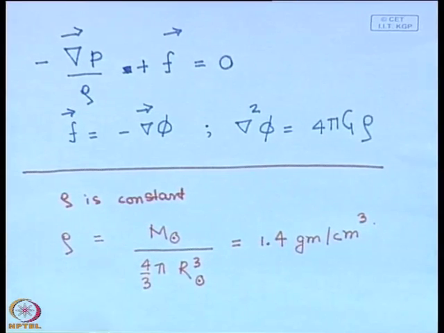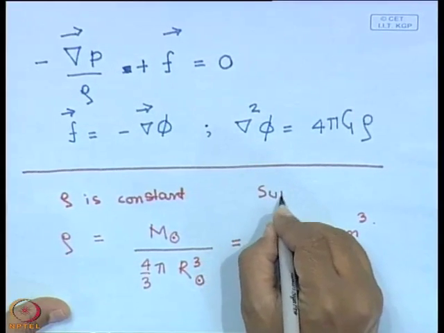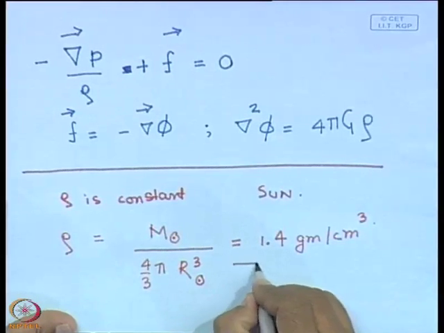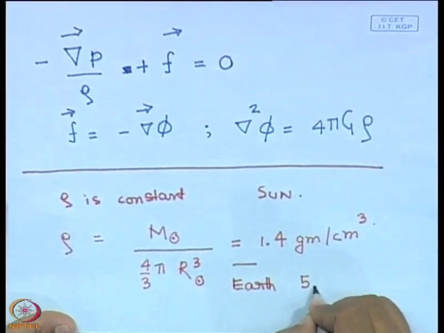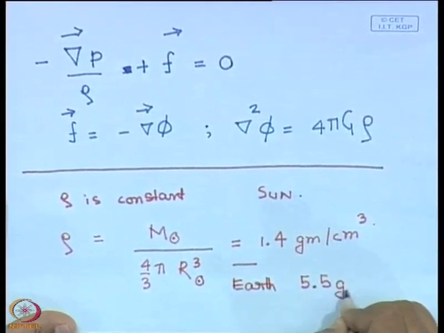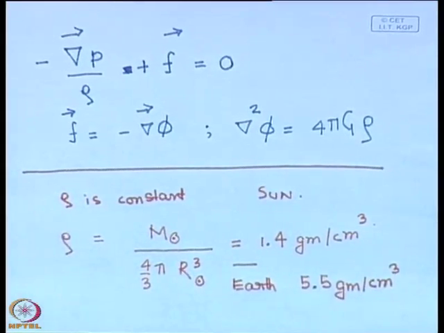So, the density of the sun is comparable to the density of water. For comparison, let me also tell you the density of the earth. The density of the earth is around 5.5 grams per cubic centimeter, so the earth is roughly 4 times denser.